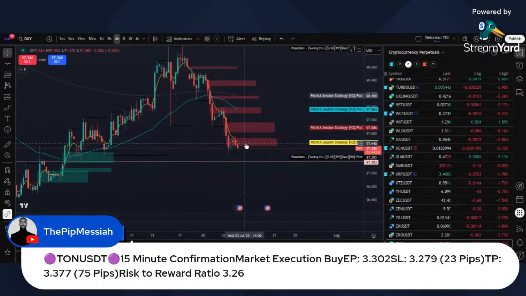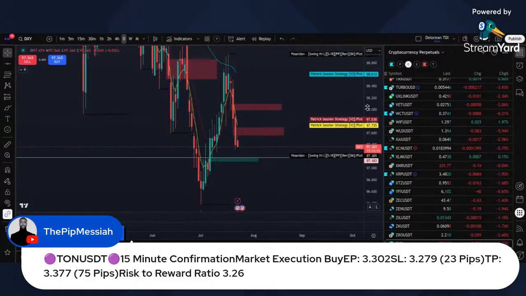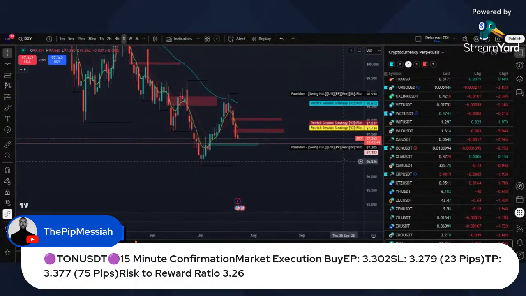What you see is a whole lot of resistance above current price. But the dollar is stuck between the bottom of this fair value gap and the top of this fair value gap. You go up in the time frame to the daily. You see the gap is a little bit wider.